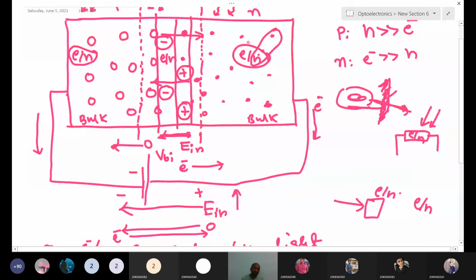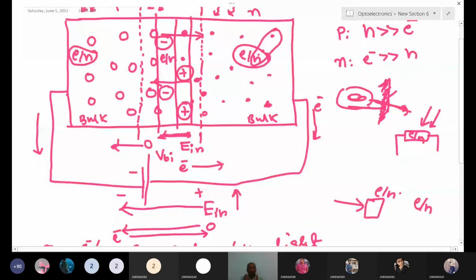Using light, we are generating electron holes in P-type semiconductor, N-type semiconductor and the depletion region. Three regions we are creating electron hole pairs. Whatever electron holes are generated in the bulk region will recombine. That is not useful for current. That's why whatever electron holes are generated in the depletion region are only useful for current flowing in a circuit.